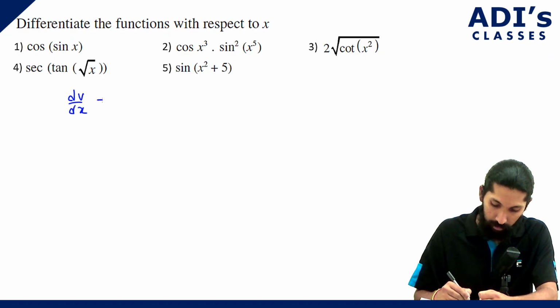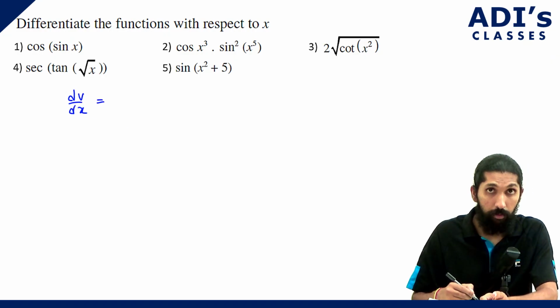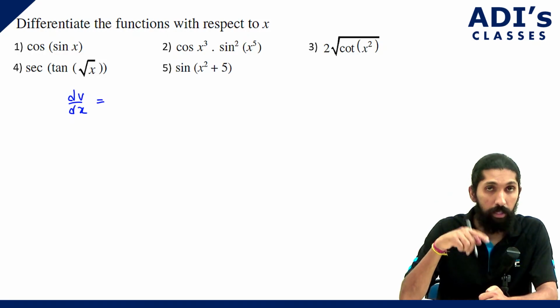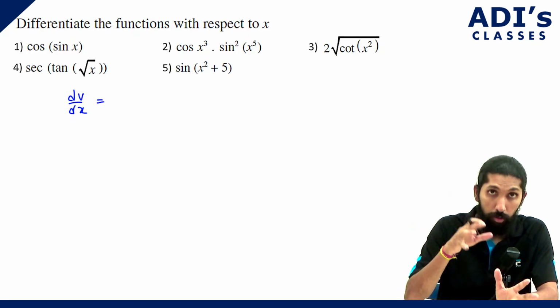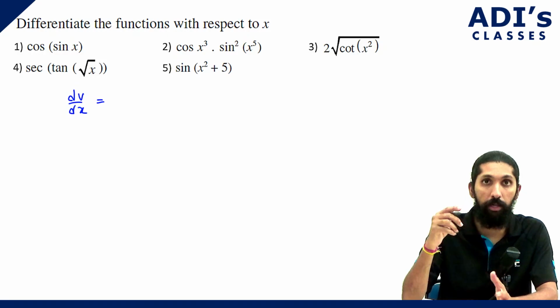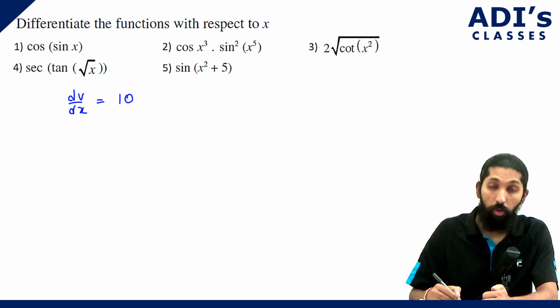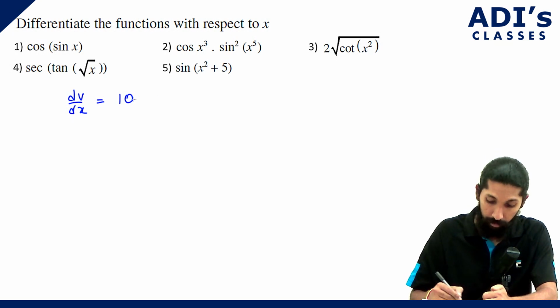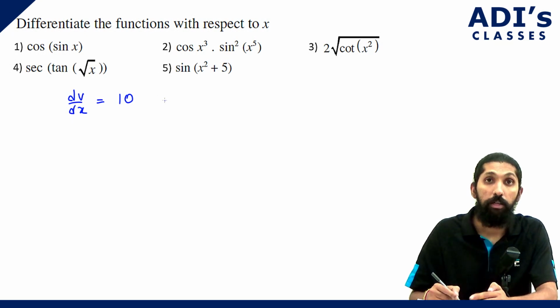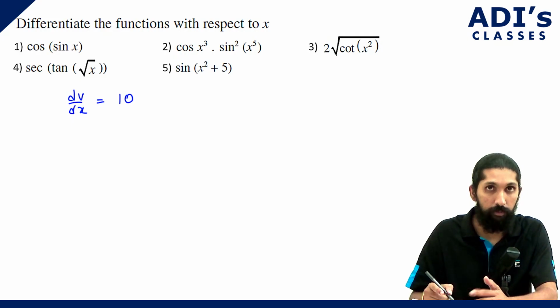Once you substitute the values of k and l, we will get dv by dx equal to, remember, first 2 times k. The 2 and the 5, if you multiply, you get 10, correct? So 10 into, what is the k value? Sine x power 5, isn't it?